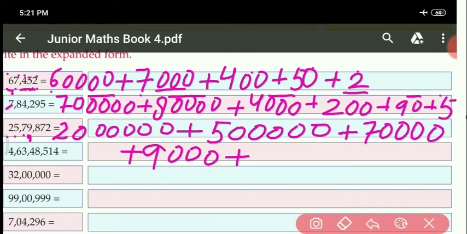Plus 8. 8 at 100 place, in 100 2 zeros are there. And 7 at tens place, 7 tens, 70. Plus 2. It is ones place, so 2 ones are 2 only. Okay, so the required answer of this 25,79,872 is coming here.